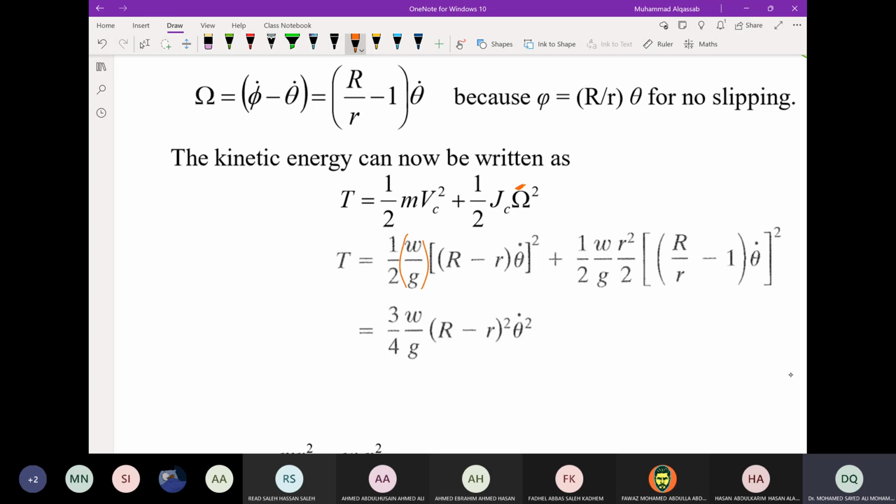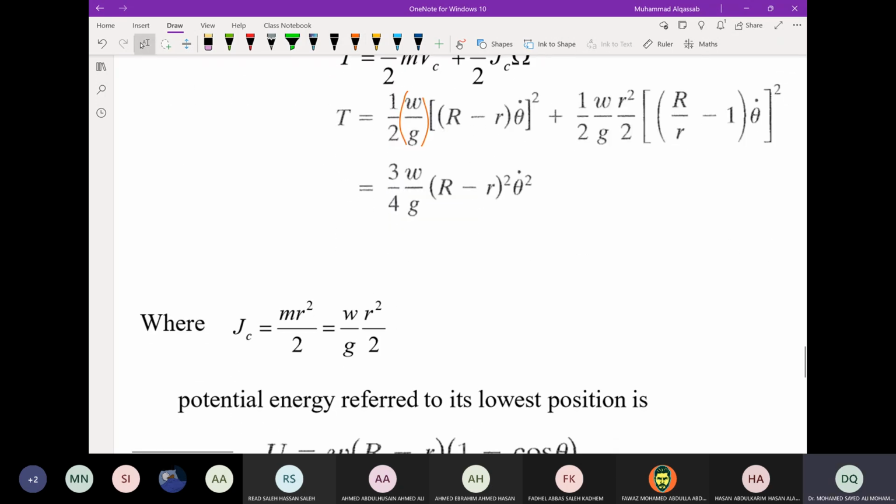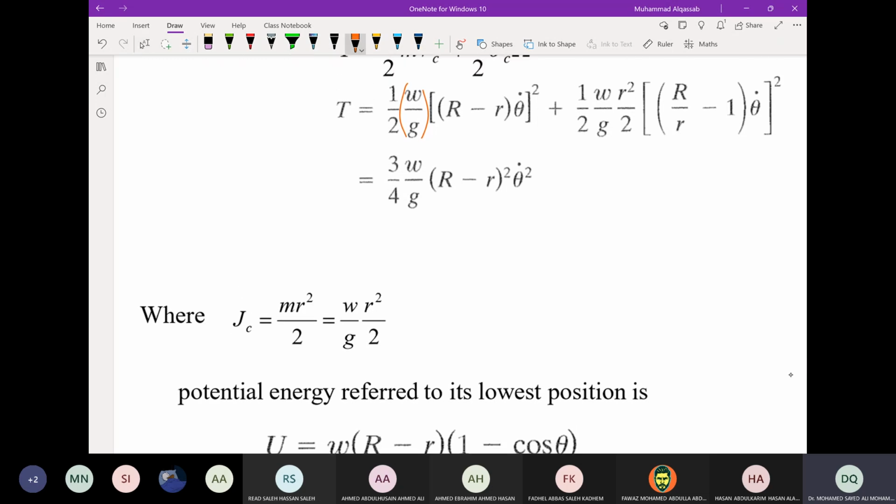You can simplify this, which gives 3 over 4 W over g (R minus r) squared theta dot squared, where JC equal to m r squared over 2 for the cylinder, equal to W over g times r squared over 2.